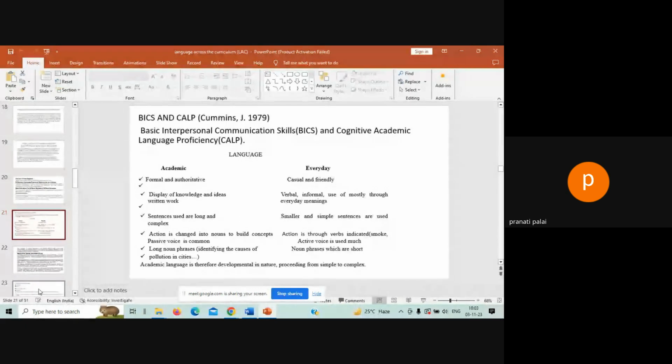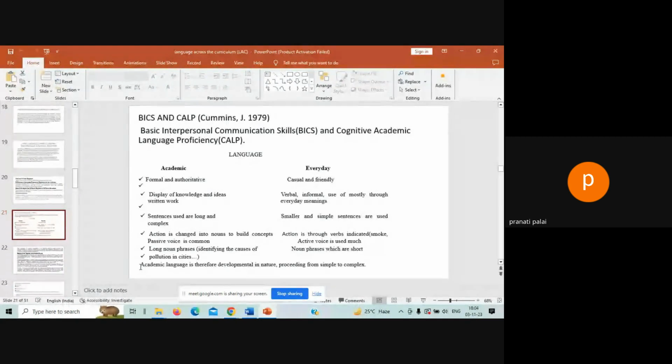So academic language is therefore developmental in nature, proceeding from simple to complex. Anybody who will describe this terminology or this sentence? Academic language is therefore developmental in nature, proceeding from simple to complex.